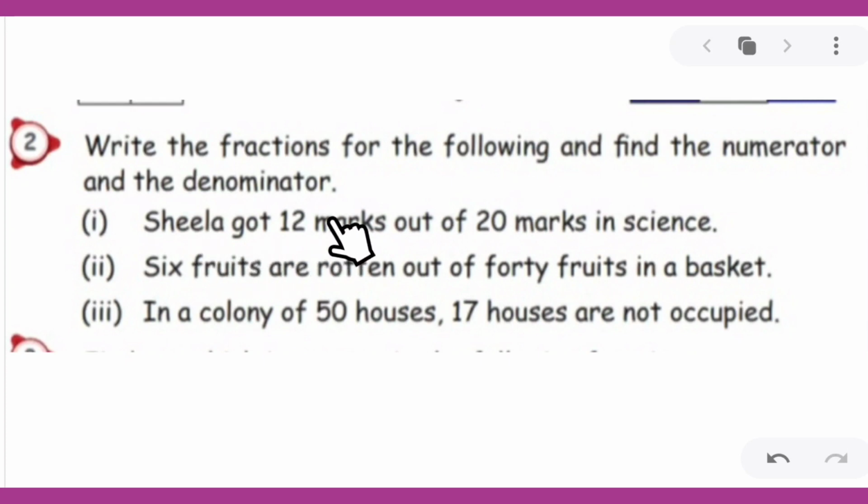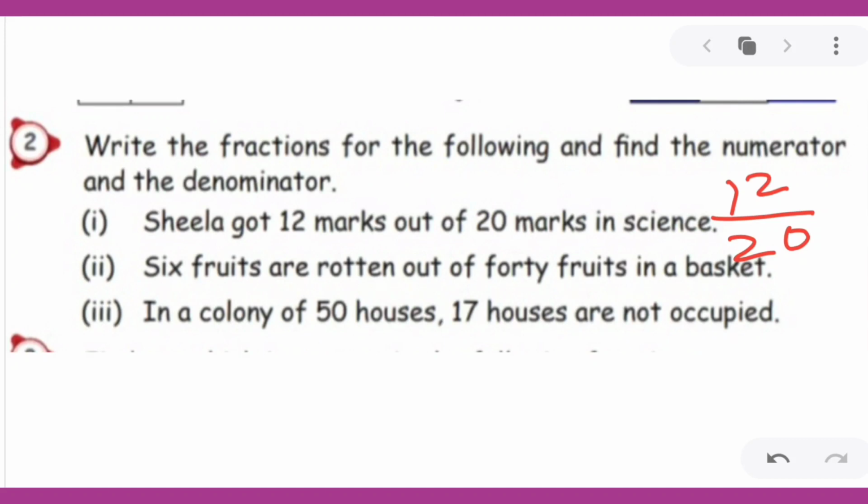So Sheila got how many marks? 12 marks out of 20. So how to write the fraction value? We write first the 12 marks Sheila got, 12 divided by out of 20. So the denominator value is 20. So we write 12 divided by 20 as the fraction value.